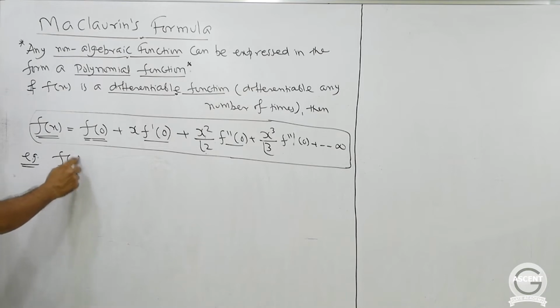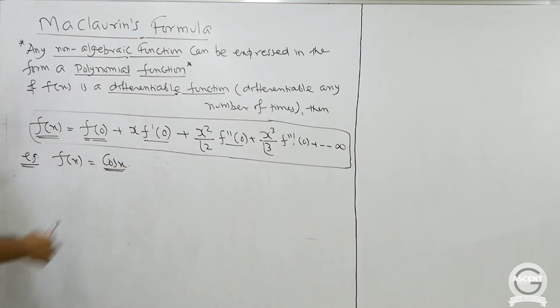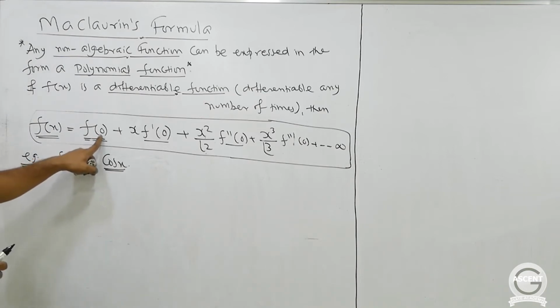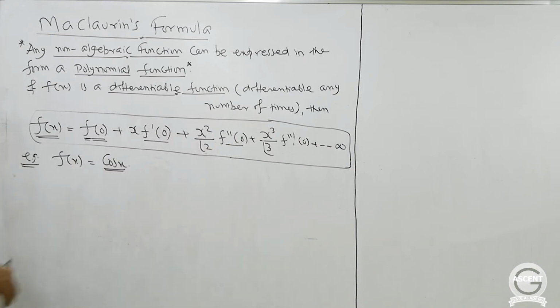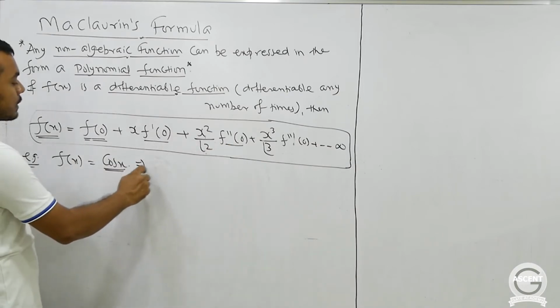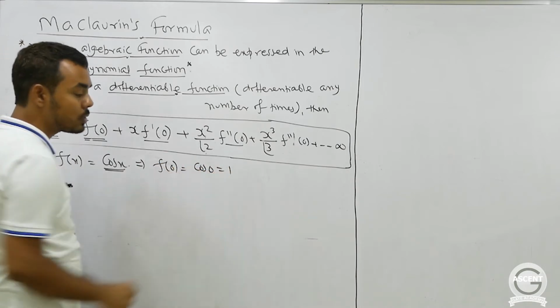Suppose f(x) is cos x and we want to write this cos x in the form of a polynomial in x. For that we will need these values, f(0), f'(0), second derivative at 0 and so on. So if f(x) is cos x, this means f(0) will be cos 0, which is 1.